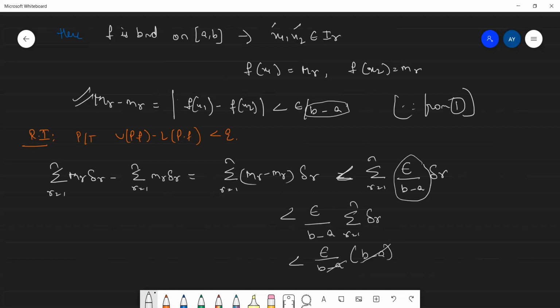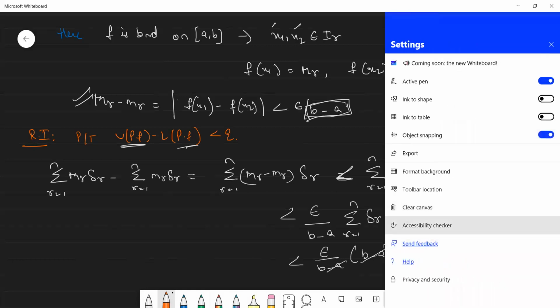So b minus a gets cancelled. This is strictly less than epsilon. So to get this strictly less than epsilon, we have to divide by b minus a. That is just modifying the epsilon. So we can tell that as U(P, f) minus L(P, f) is strictly less than epsilon, you can say that f also belongs to R[a, b]. Okay, this is finished.